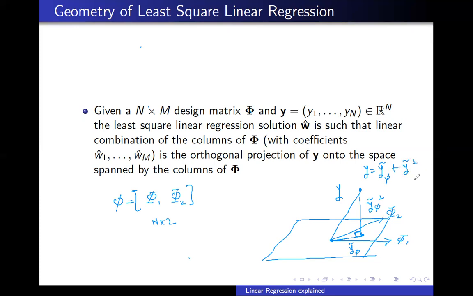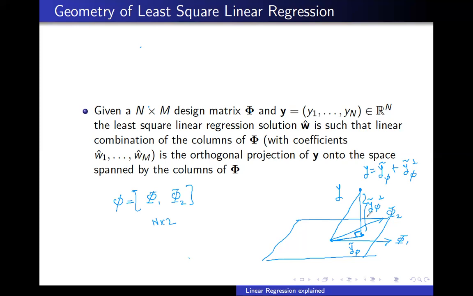And there is no way you can compensate for this quantity, because you're trying to find a solution in this space. If y has a component which is orthogonal to the space spanned by these vectors, that is an error we have to accept, because the solution cannot represent any vector which is out of the space.